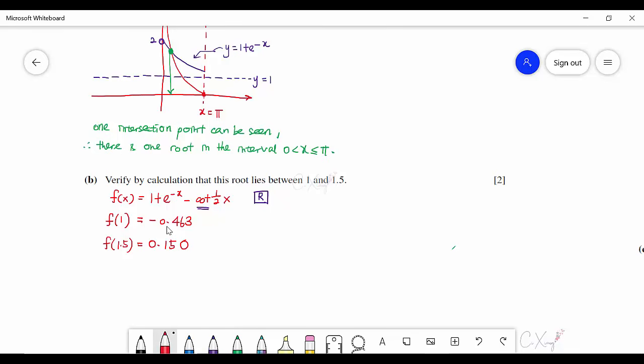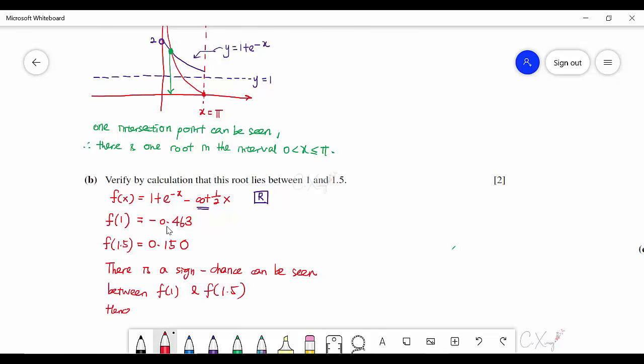Right. Okay, so once you get these two values, then you can make a conclusion here. So you can say that a sign change can be seen between f(1) and f(1.5).